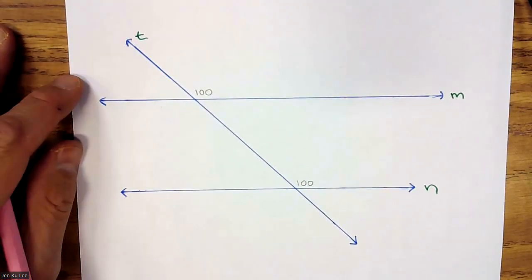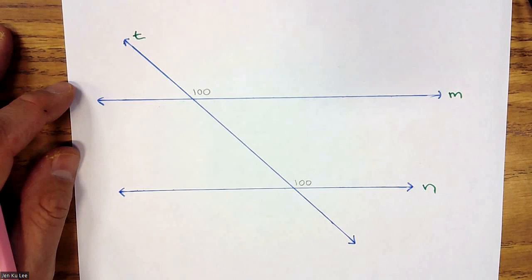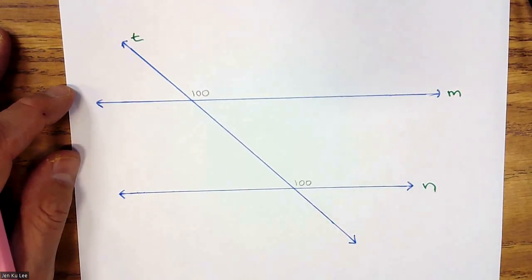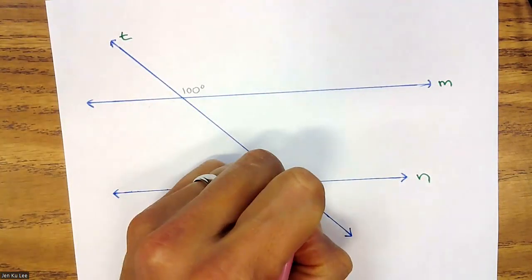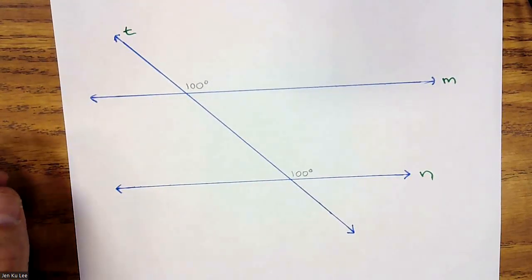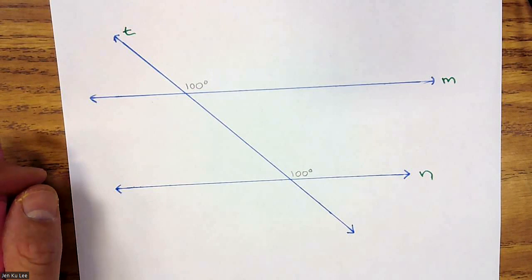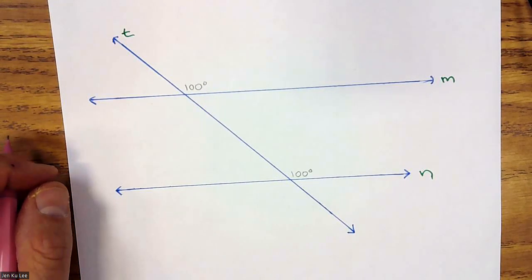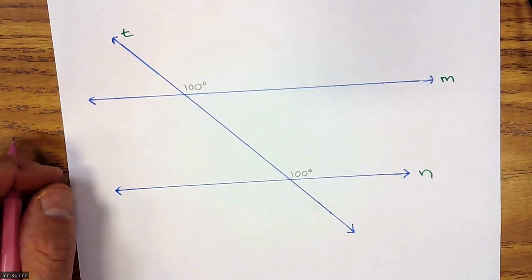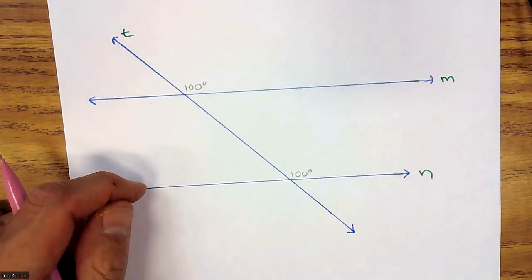Are these two lines parallel? One for yes, two for no. If I give you this is 100 degrees and this is 100 degrees, one for yes, two for no. Why are they parallel?